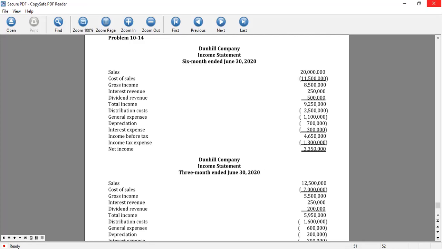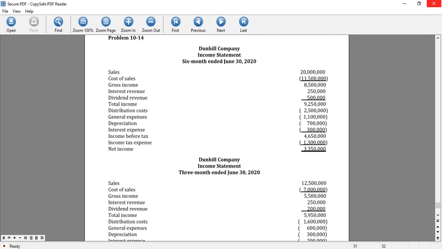250,000 and the dividend revenue of 200,000. So we have now the amount of total income as presented. So anyway, we are going to revise sales 12.5 million, then deduct cost of sales equal to 7 million.